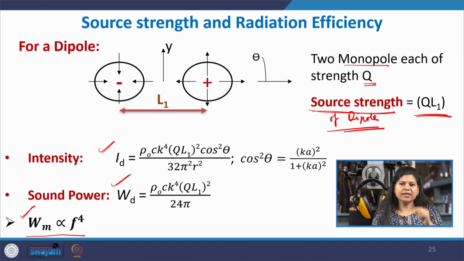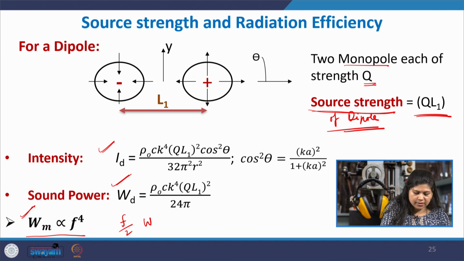So, one inference you can draw is that if f is very small, it is going to affect the radiation of a dipole much more compared to the radiation from a monopole, because if you decrease the frequency, then the energy would decrease by almost the fourth power of the frequency decrease. For example, let us say the frequency decreased by 2.